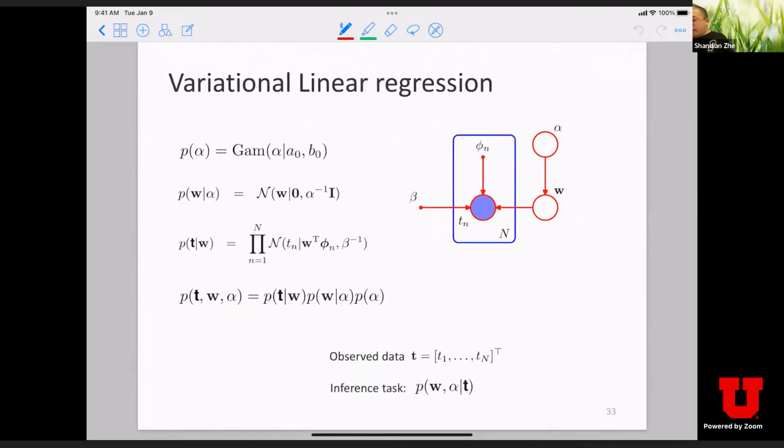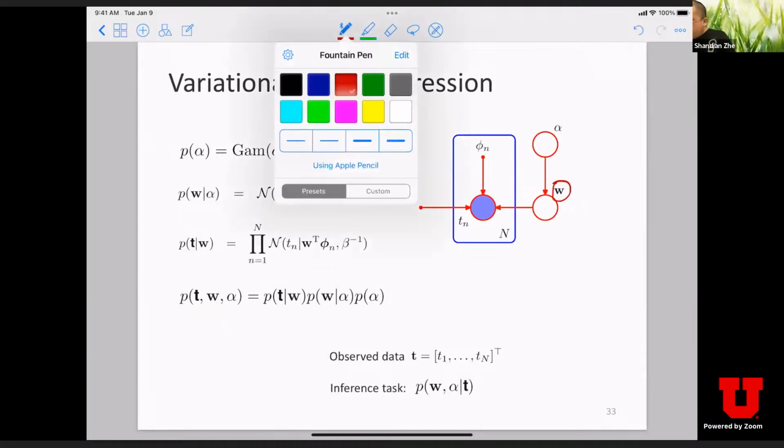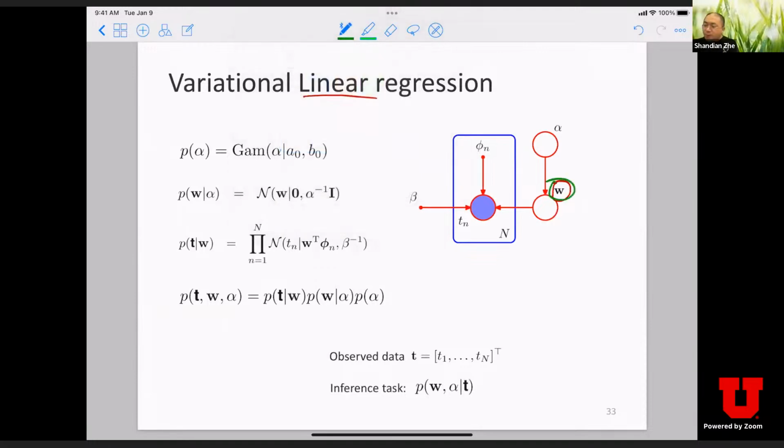So we're going to talk about the application of mean field variational inference to the Bayesian linear regression model. We actually mentioned this model before. First, we assume our weight vector W is sampled from a Gaussian prior with mean 0 and prior variance alpha inverse I. Alpha is a latent random variable sampled from a gamma prior.